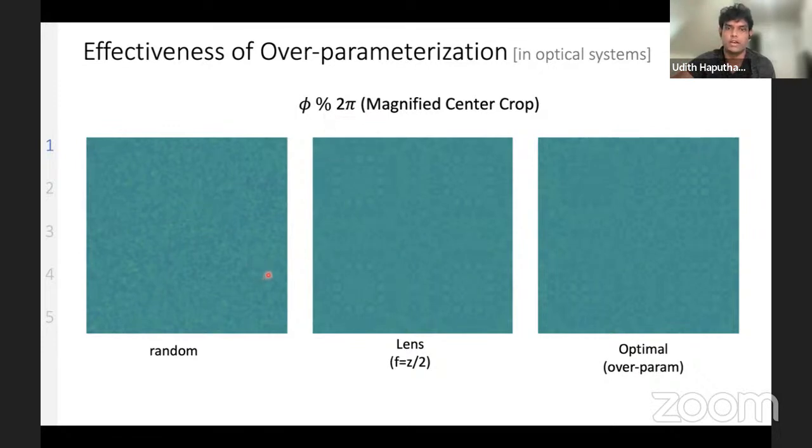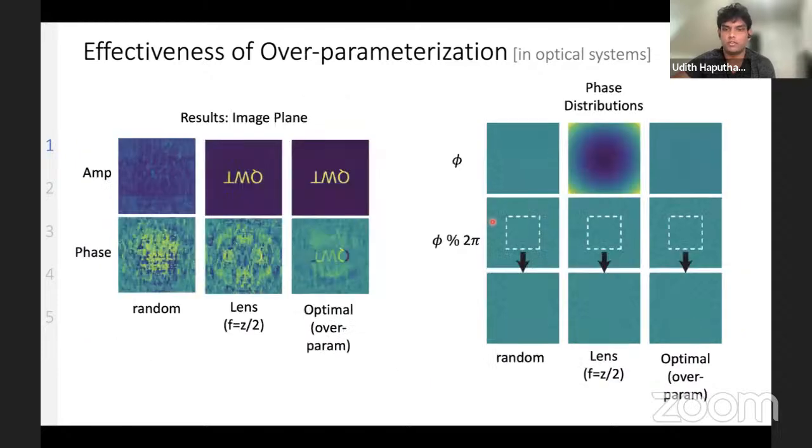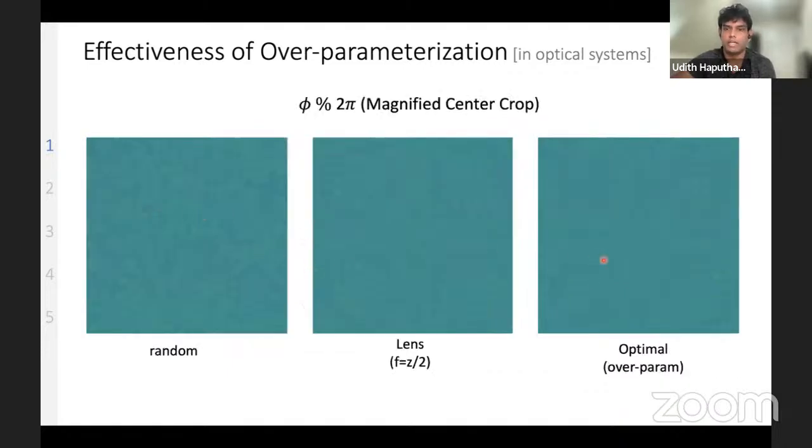I might have to put a color map there, but usually the dark blue color is 0 and the yellowish color is 2 pi. The last row is the zoomed version of the center part of the field, which is what is zoomed here.